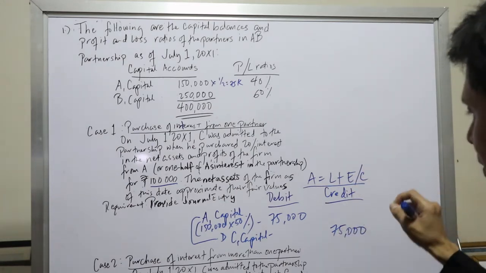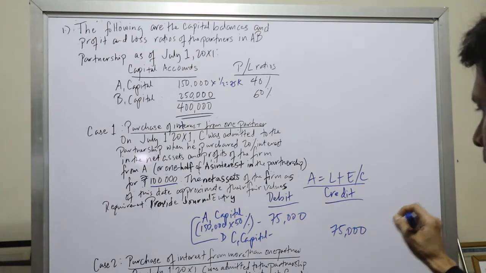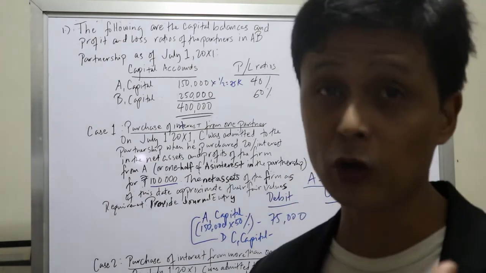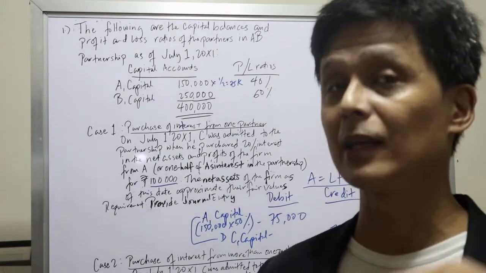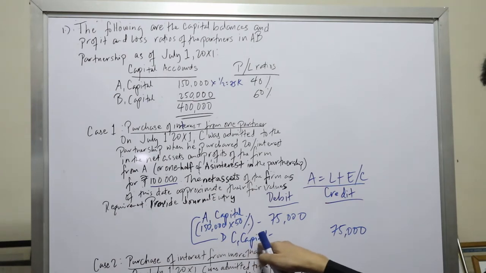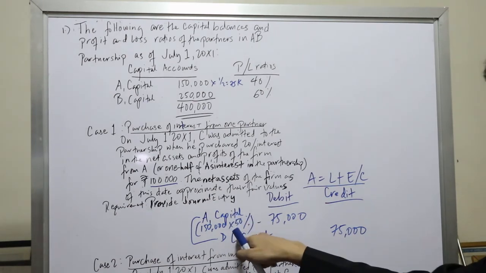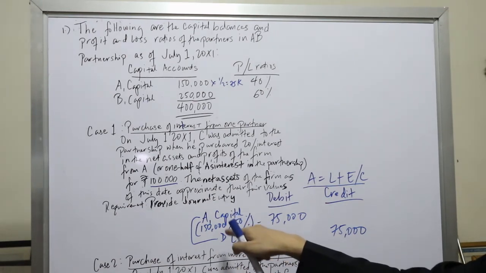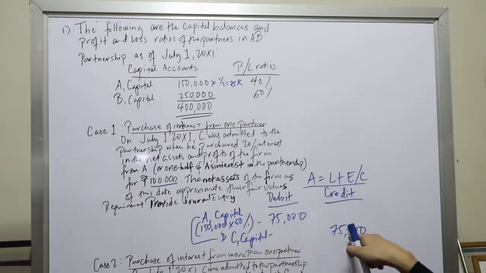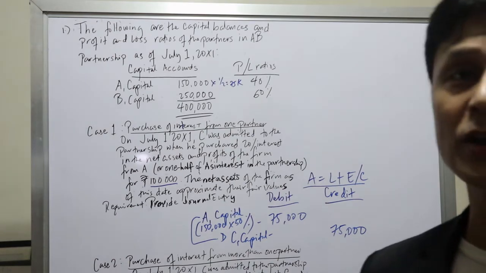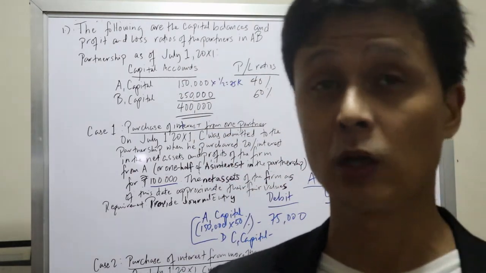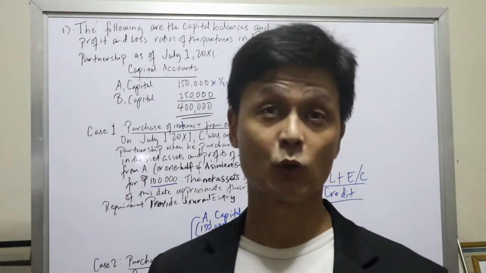So when we say normal balance of capital, all increases to the capital are credited. So in this case, we increase C's capital because he bought shares from A for 50%, for a total of 75,000. Now, you may think he gave 100,000. Why is only 75,000 credited to his capital?